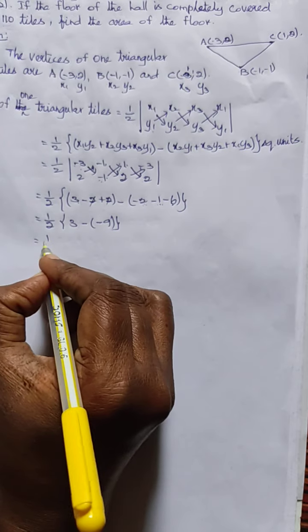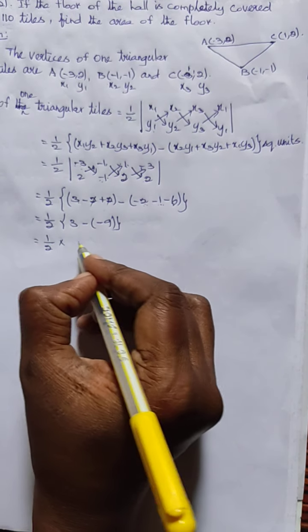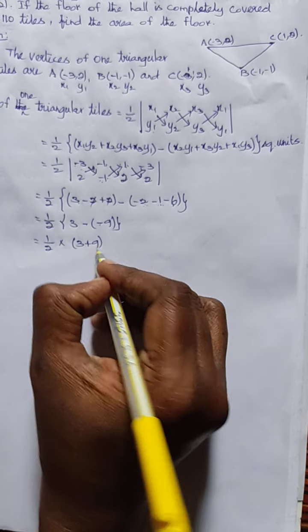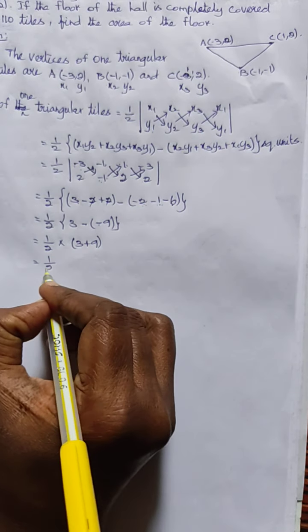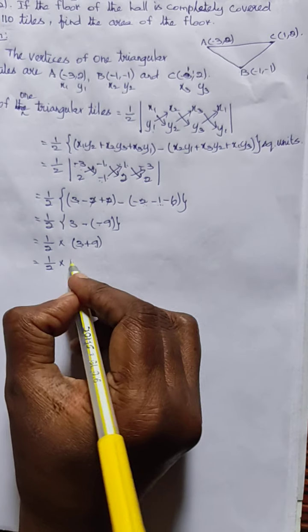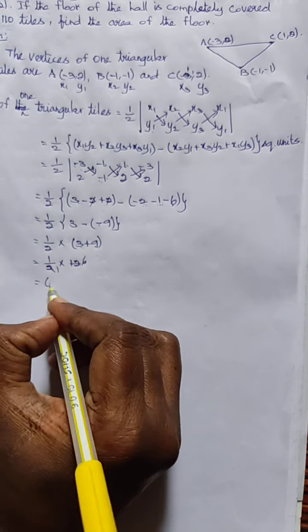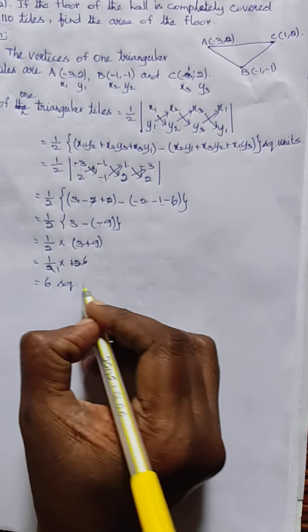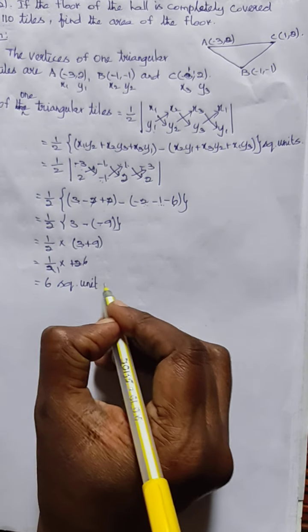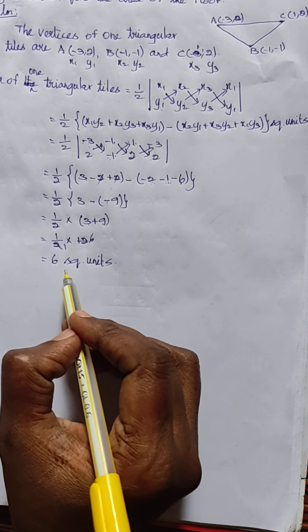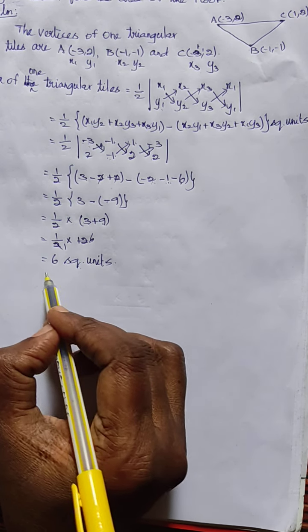That is equal to half into 3 minus into minus plus 3 plus 9. That is equal to half into 3 plus 9 is 12. 1 2 is 2, 6 2s are 12. So this is equal to 6 square units. So area of one triangular tile is 6 square units.